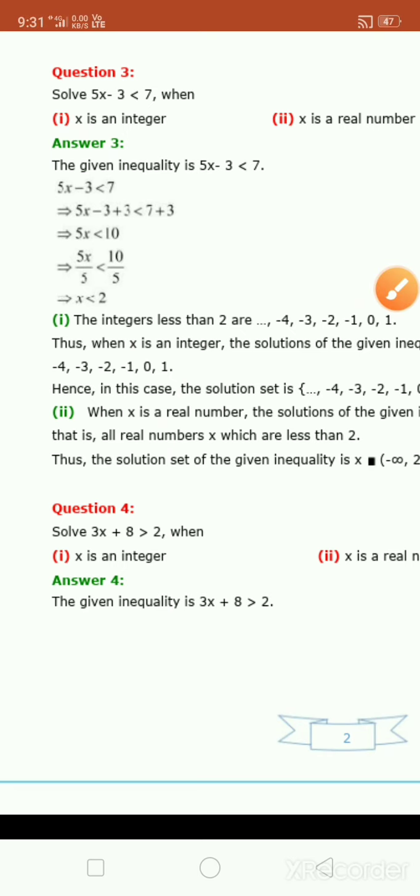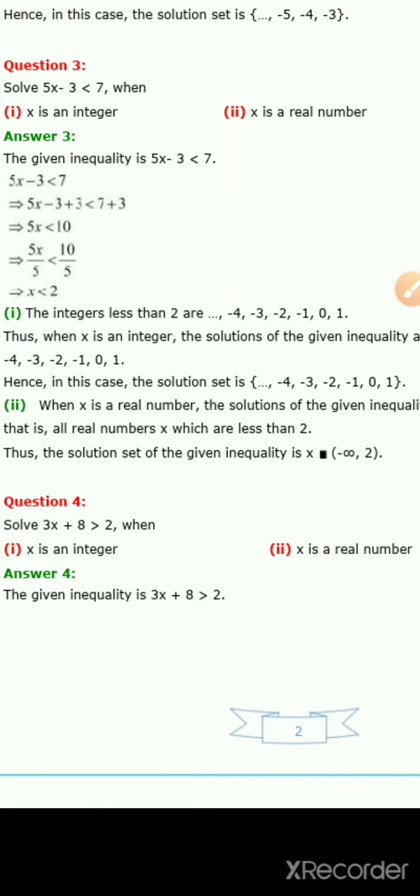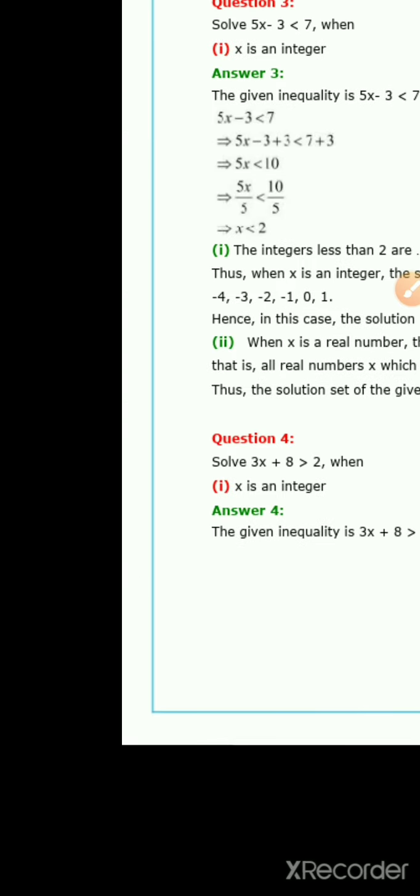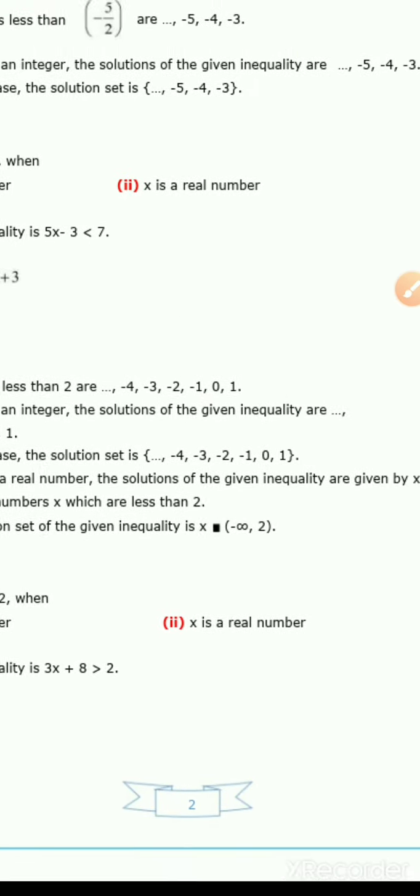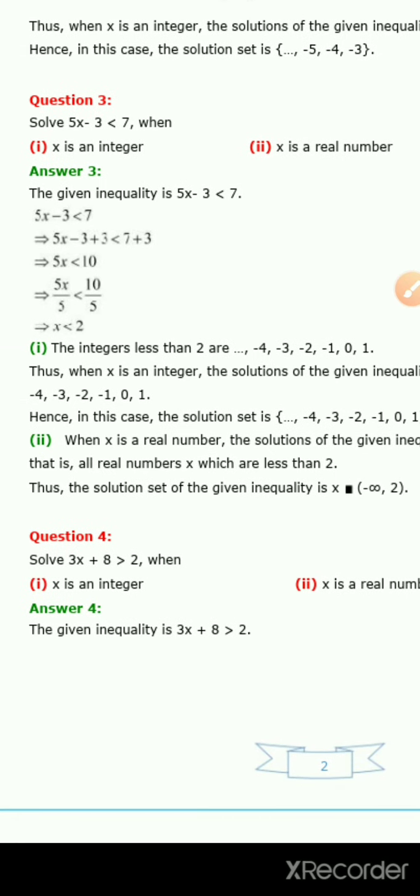Now x is a real number. Even if x is a real number, the solution of the inequality is given by x is less than 2, that is all real x which are less than 2. We can write that as minus infinity to 2. The solution set of the inequality is minus infinity to 2.